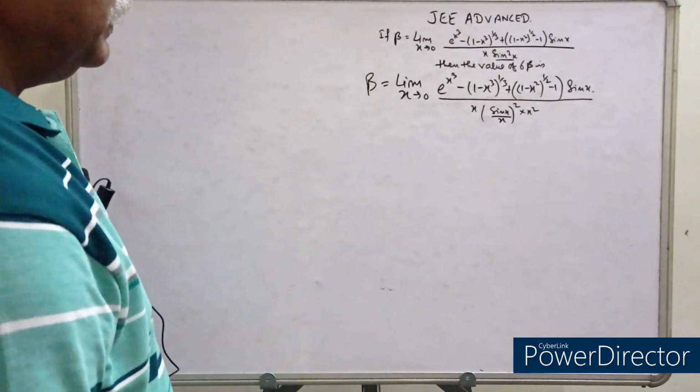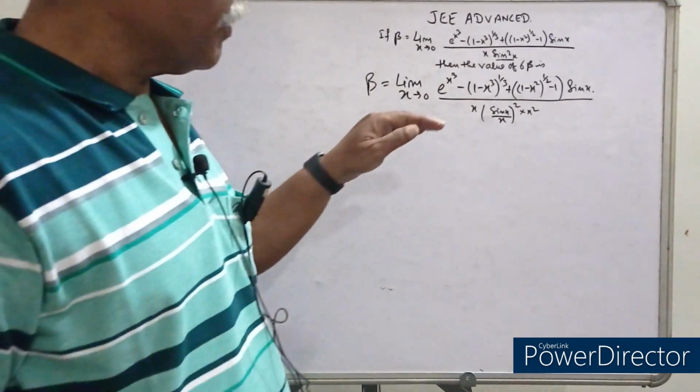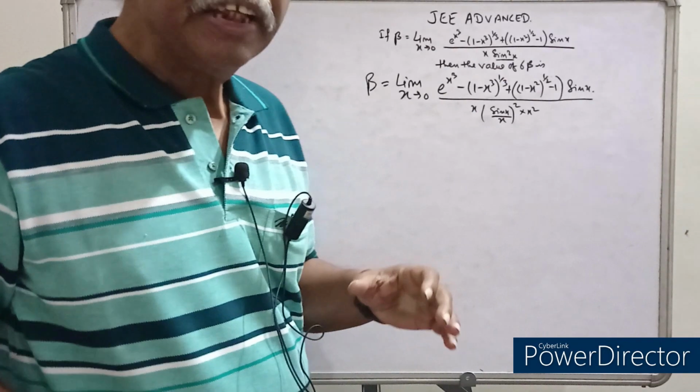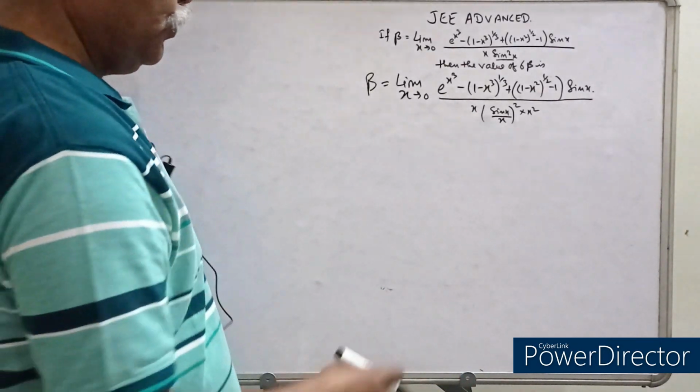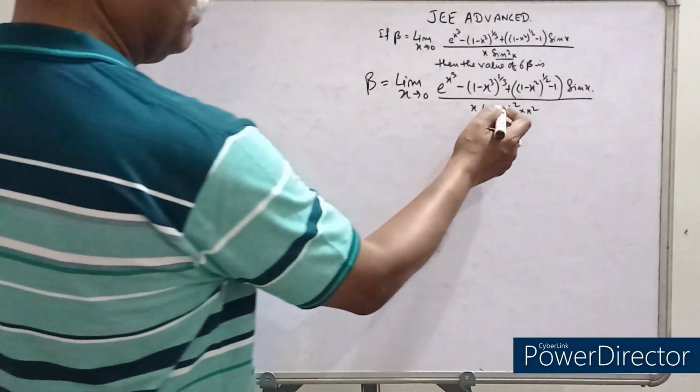Whenever there is a fraction, if you can remove the denominator, it becomes very easy to solve. I have removed this sine term, so this becomes 1.